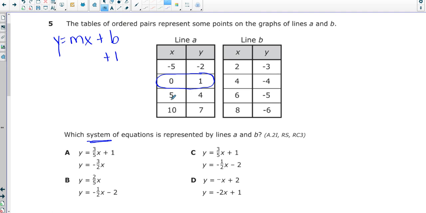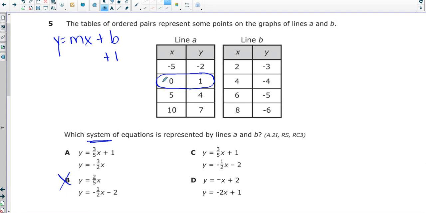So right here, it has to be a +1. When you look at your answer choices, I see +1 for letter A. Letter B does not have +1 at all, so B is out. Letter C, yes, it has +1, and letter D does as well, although it's on the second line, line B. So this one might be out, but we're going to double check before we eliminate. Next, we want to find our slope.